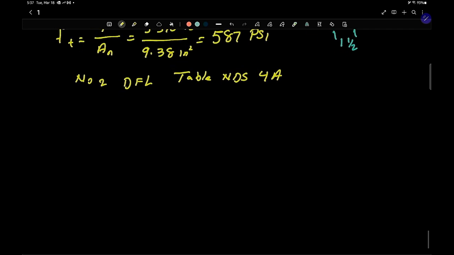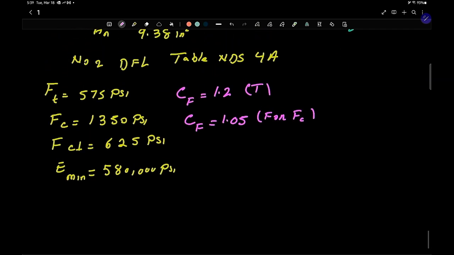I'm just copying it from the table. Okay, so these are the results, and CF from table 4A, remember, for tension is 1.2, for compression is 1.05. We did this many times, so I'm not gonna go over it or watch other video. It's pretty simple. Go into those tables and figure those out.